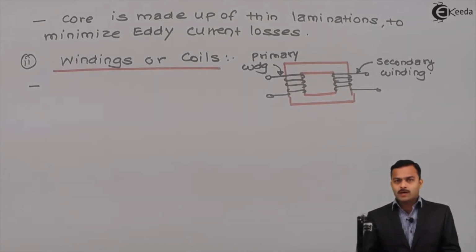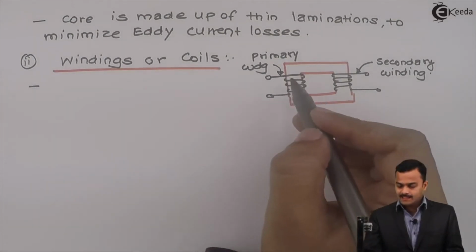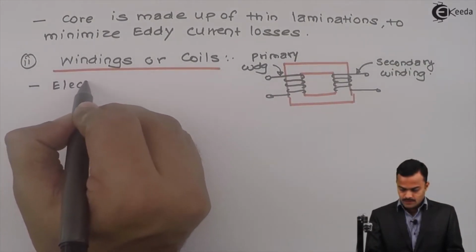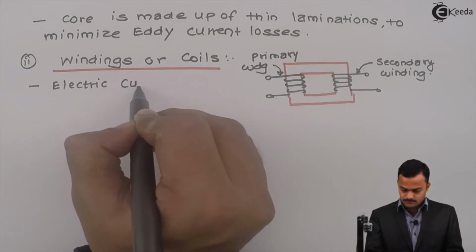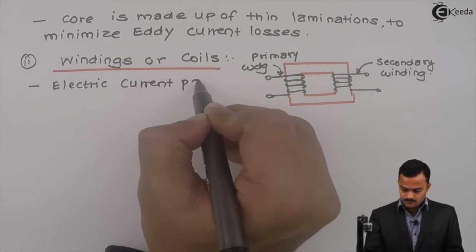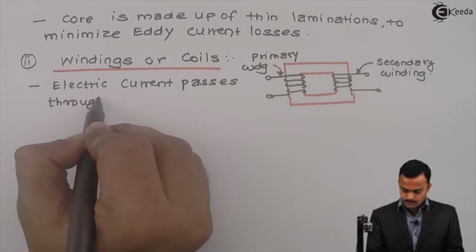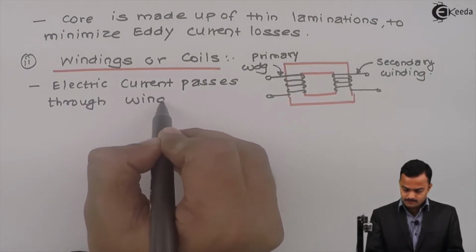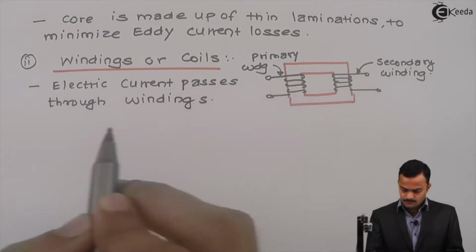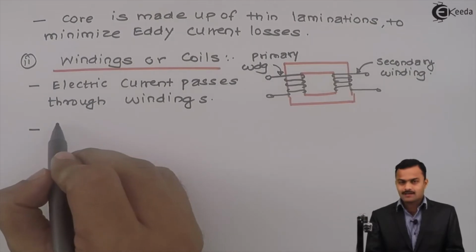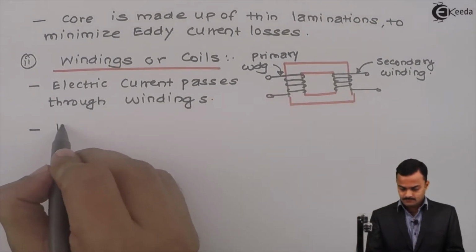So what is the job of this winding? Windings carry primary and secondary current. So electric current passes through windings. So we need a material which will have less resistivity. So we will use copper for carrying the current.